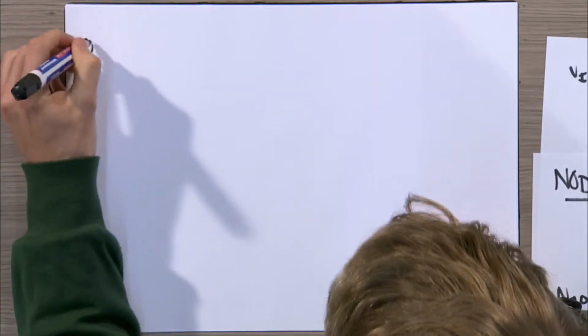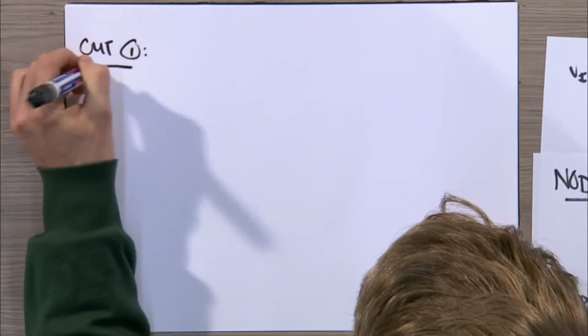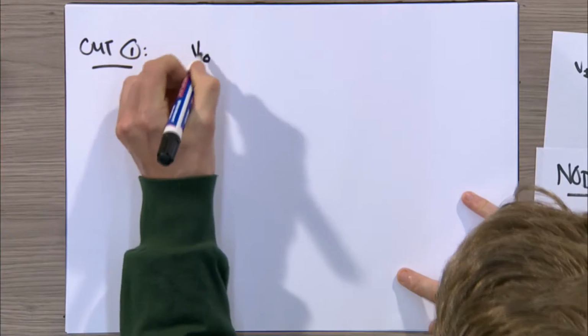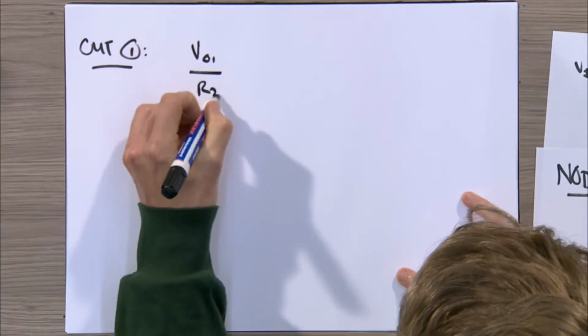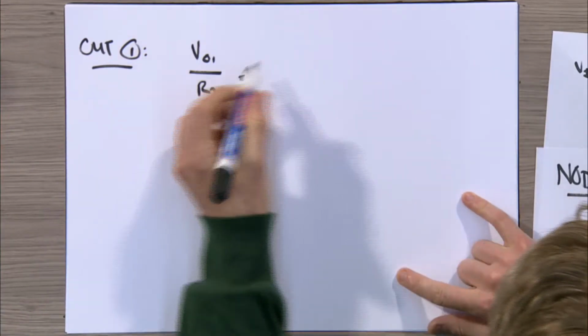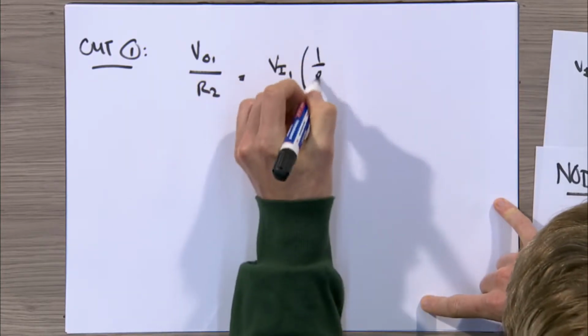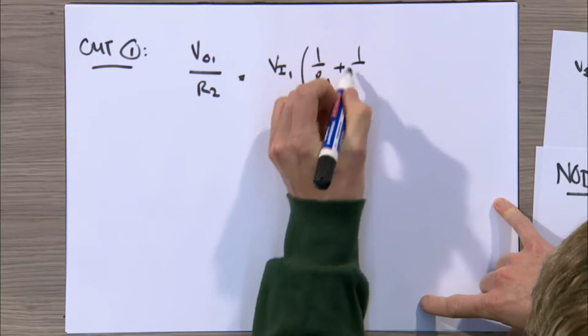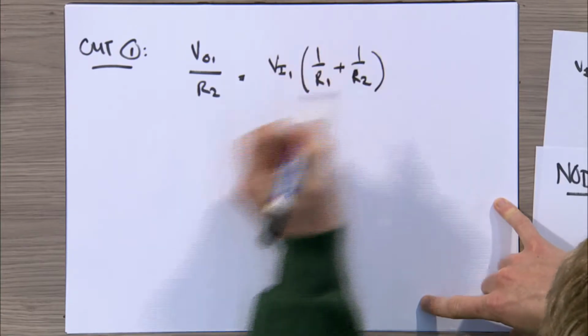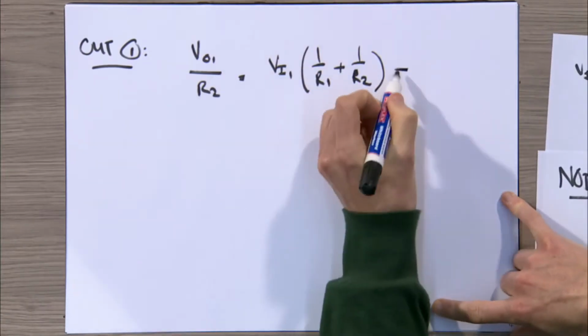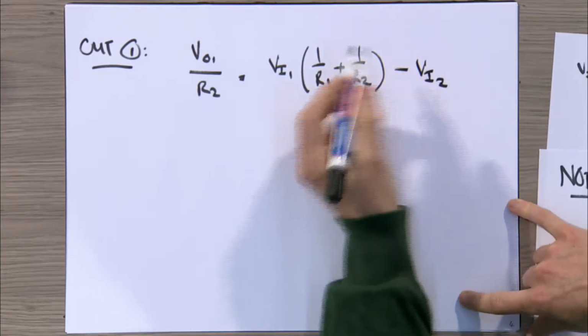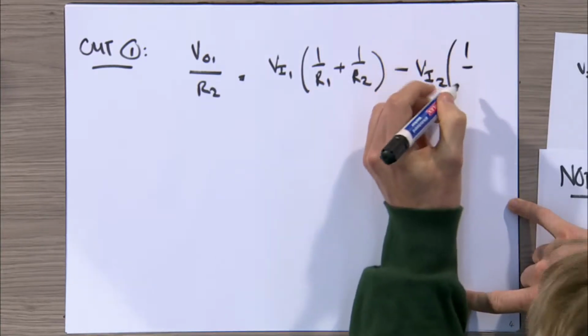So, out of equation 1, we say Vout1 divided by R2 is equal to Vi1 times (1 divided by R1 plus 1 divided by R2), as well as minus Vi2 times 1 divided by R1.